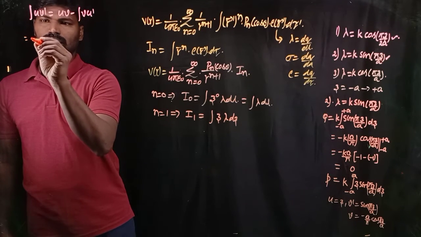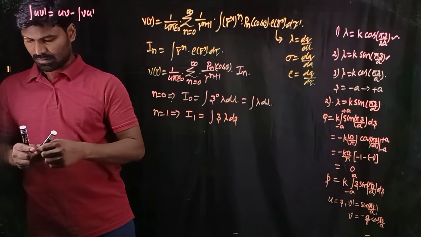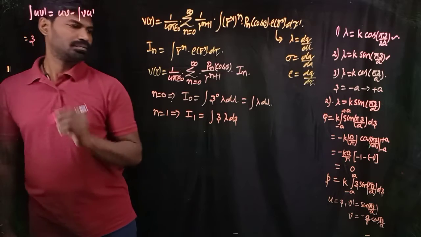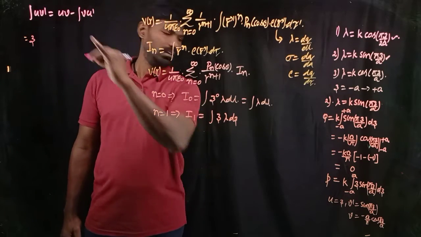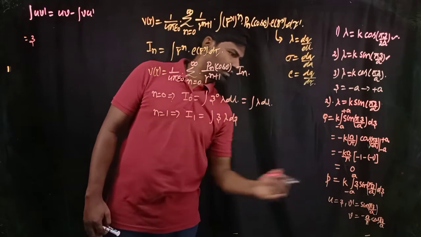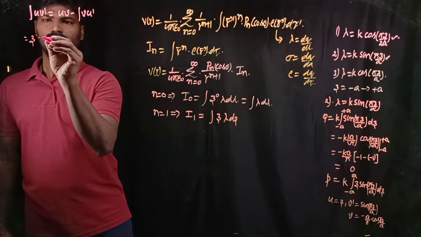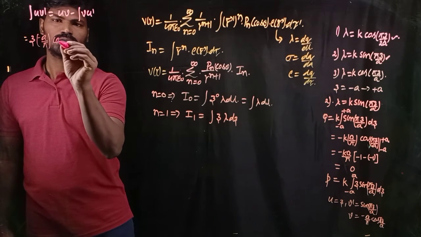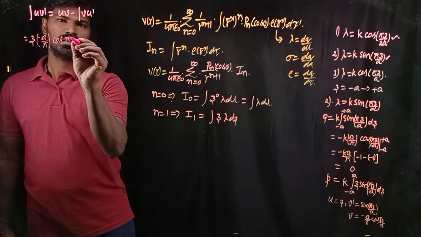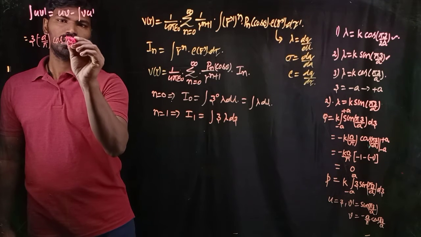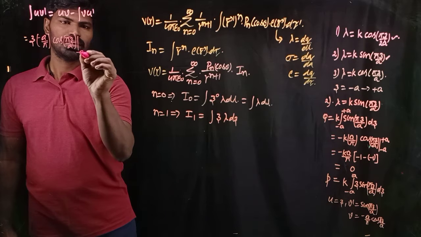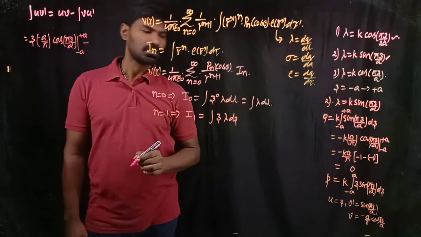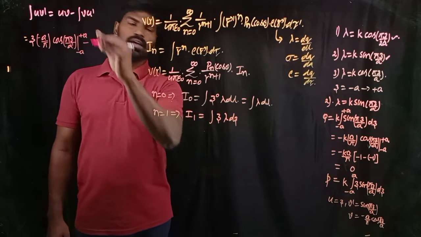That is equal to z into v. V is how much? Minus a divided by pi into cos pi z divided by a, between the limits minus a to plus a, minus the integral of v u dash.